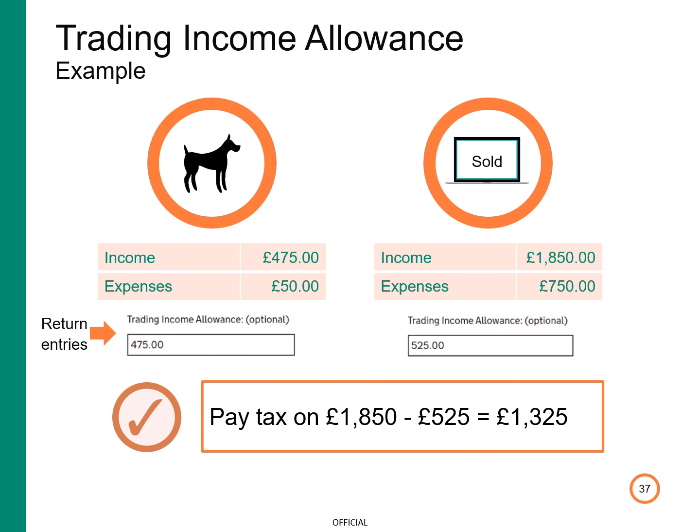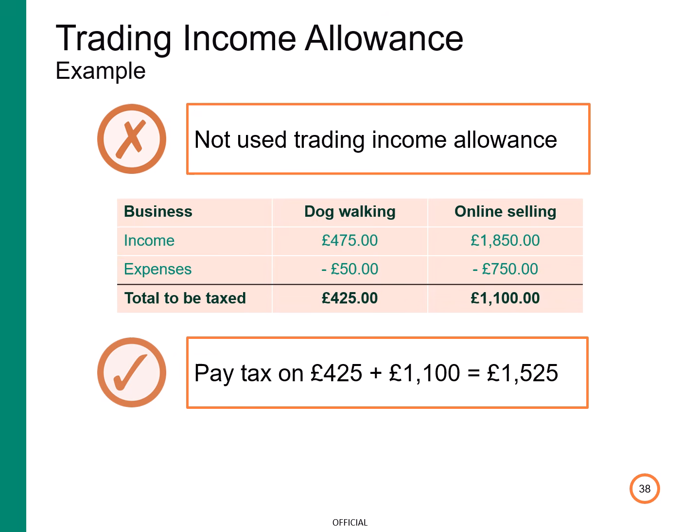They'll pay tax on the remaining online selling income of £1,325. If Chris hadn't used the trading income allowance and shown the actual expenses, they'd have paid tax on £1,525. So, Chris is better off using the trading income allowance across the two businesses, as £200 of the income is covered by the allowance and not being taxed.